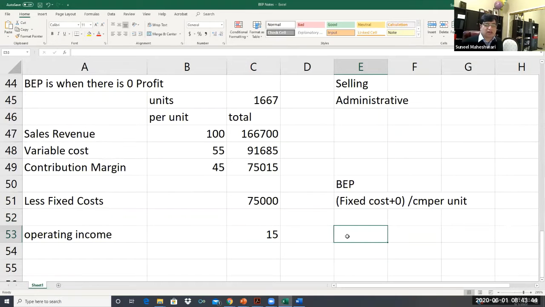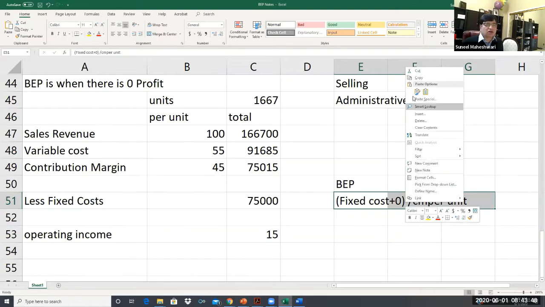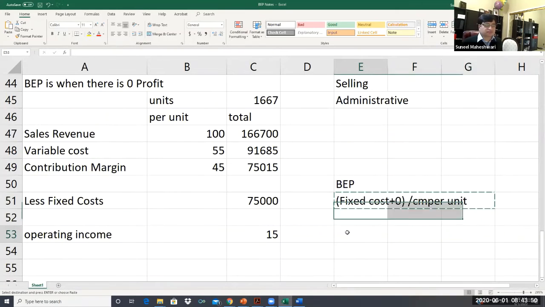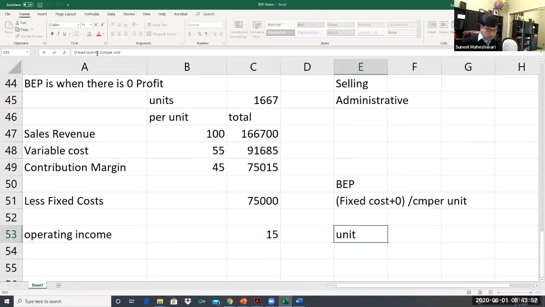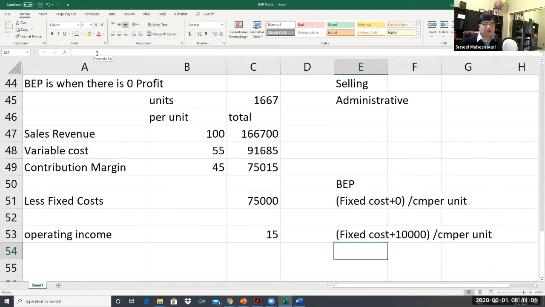Suppose we want to make $10,000. How does this formula change? Instead of zero, you have $10,000. The formula changes slightly, that's all.